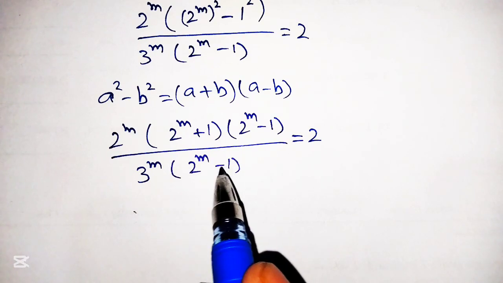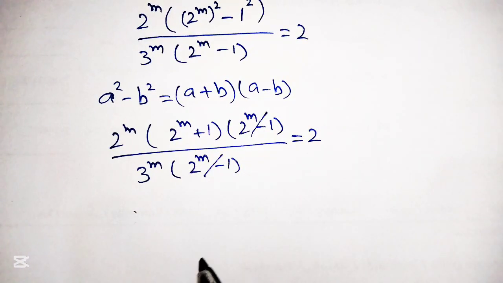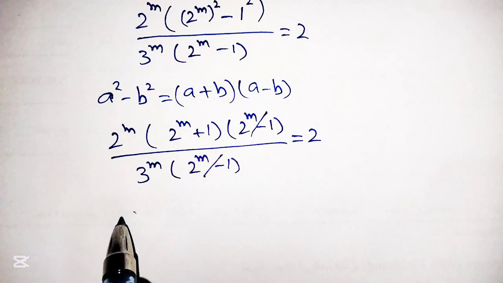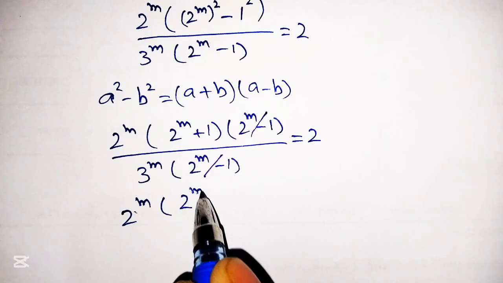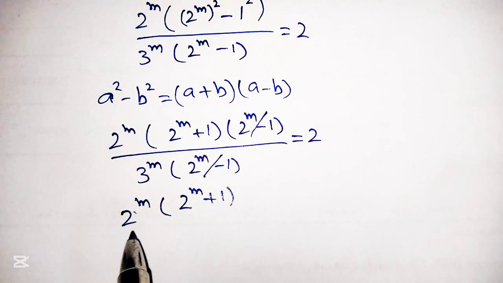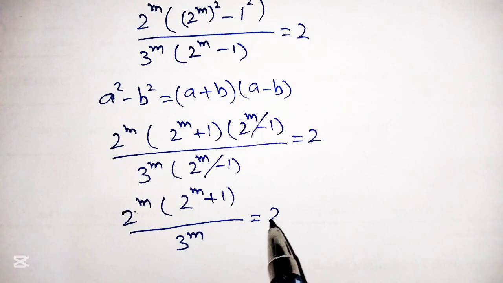Now this 2^m − 1 can be cancelled out with this, and we will get 2^m times (2^m + 1) over 3^m is equal to 2.